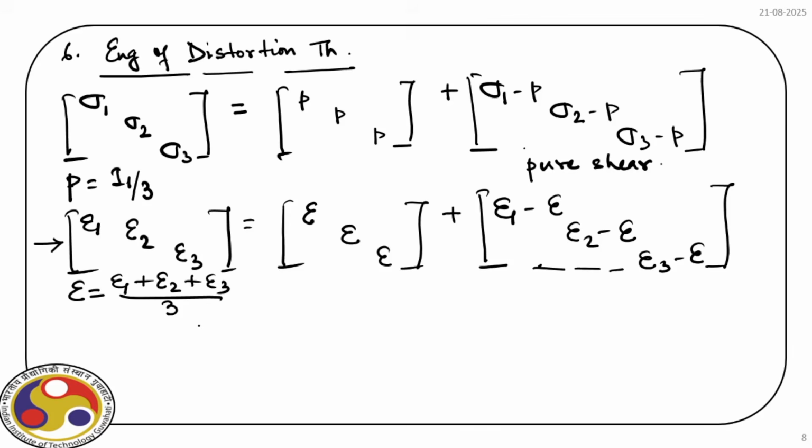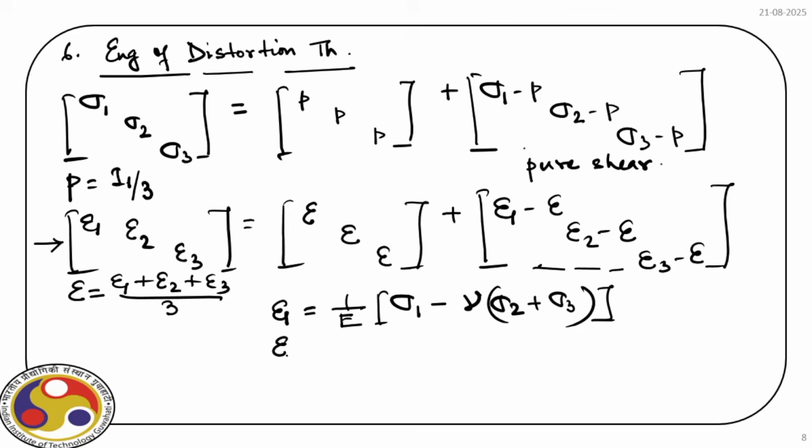Now, we have epsilon 1 having an expression we already know, it is 1 by E within bracket sigma 1 minus nu times sigma 2 plus sigma 3. And then similarly, we can also express epsilon 2 and epsilon 3, right? I'm not writing, you can easily identify the expression, right?